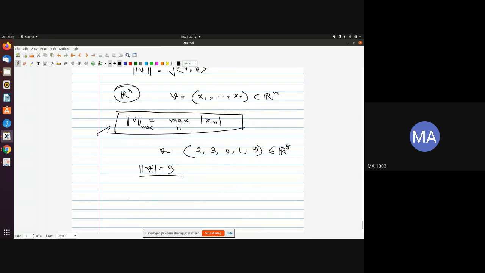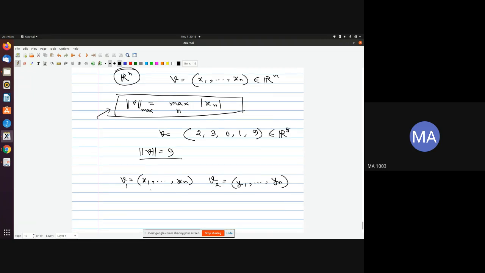Why? Suppose you have v1 as x1 to xn and v2 as y1 to yn. So the norm of v1 is the maximum of mod of xi, and the norm of v2 is the maximum of mod of yi.